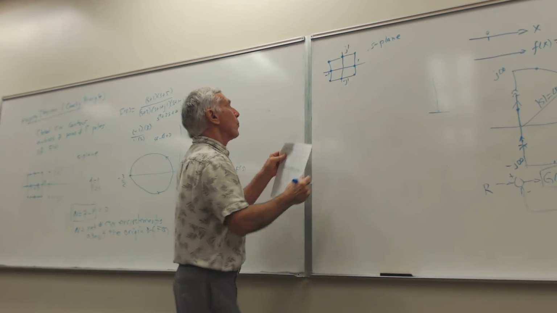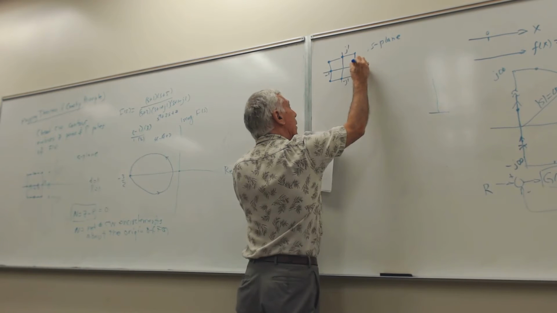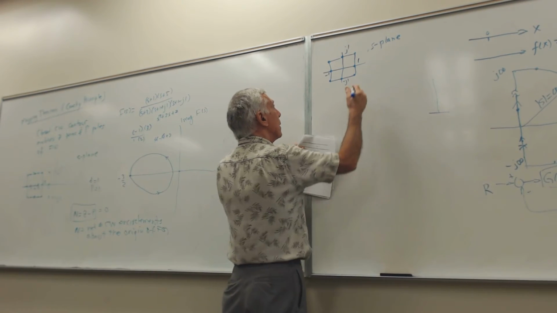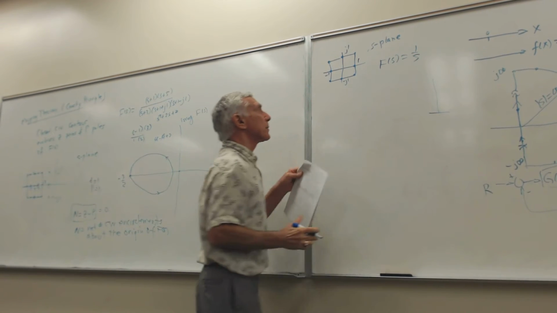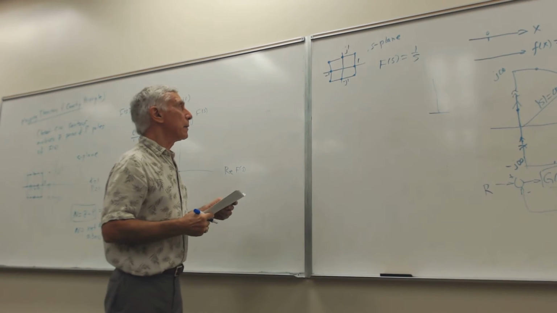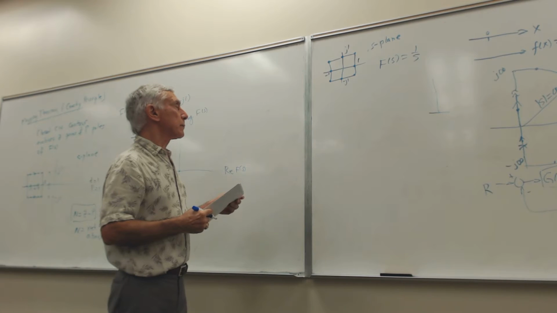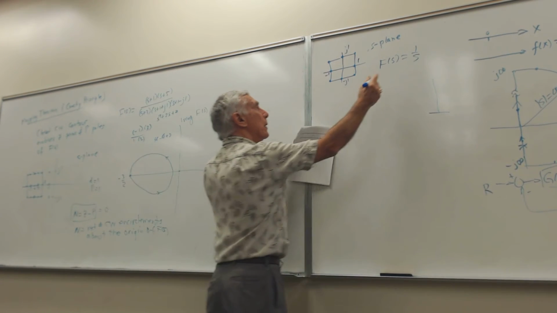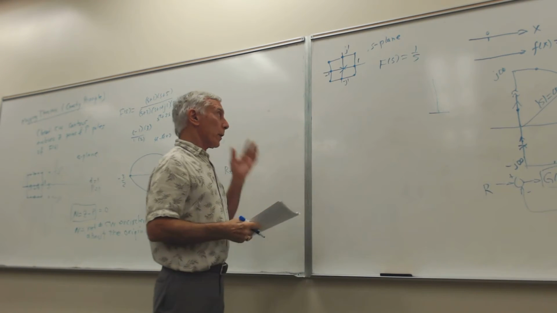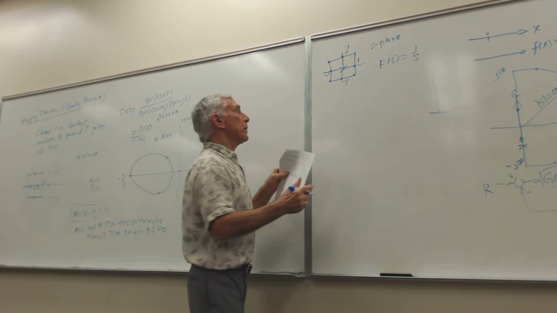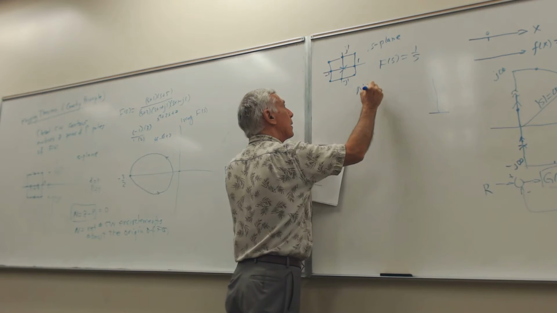Okay, and what we'd like to do is consider the mapping of this simple function 1 over S. Notice that there's one pole right there at the origin, right? And so what is N equal to?